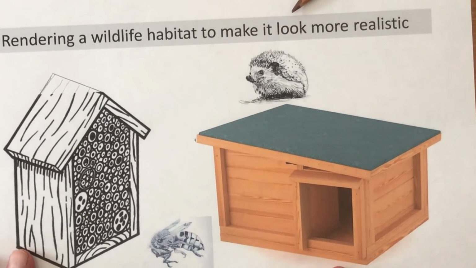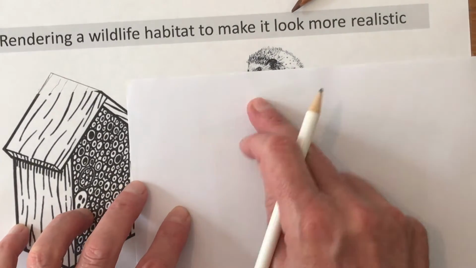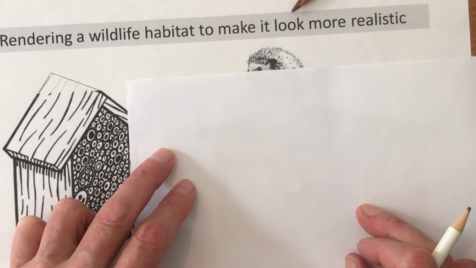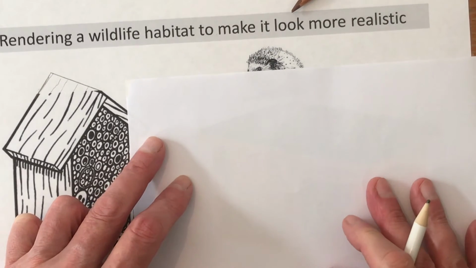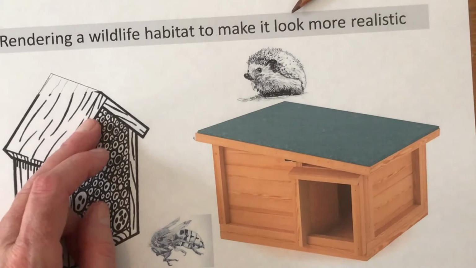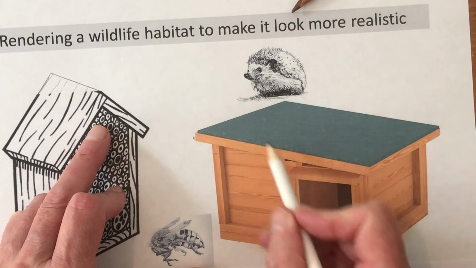Now, hedgehog homes. Quite a lot of you have said that you can't find outline drawings of hedgehog homes, and I couldn't either. But what you can do is, if you get a plain piece of paper from your teacher, whoever your teacher is, you should be able to put it over the hedgehog home, and especially if you put it up against a window, you'll be able to trace off the design of that picture that I've got of a hedgehog home, and you could start rendering that, because obviously this is a photograph, so this is quite good, isn't it?